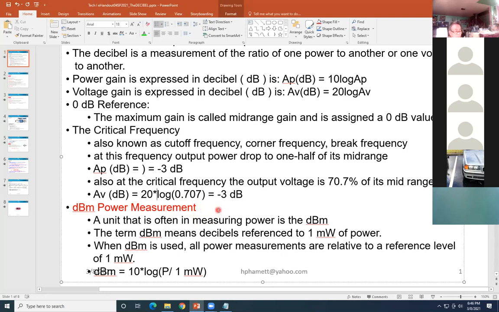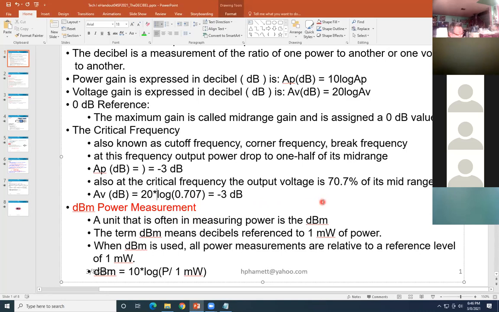Let me try it both ways and see what the calculator does. It depends on your calculator. What type of calculator does she have? I'm using the scientific one on the computer.